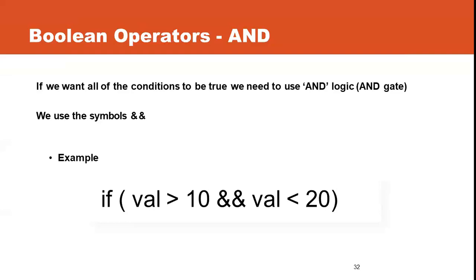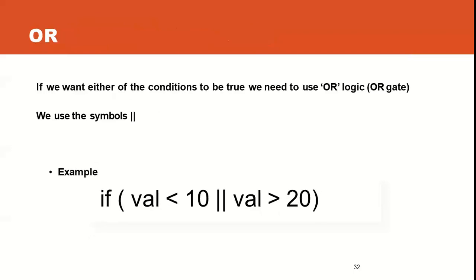Which means if we have more than one condition to test, then all of them can be linked together using the Boolean operator and. This operator will produce the result true if both the conditions are true. If any one of them is false, then the end result of the and operator will be false.